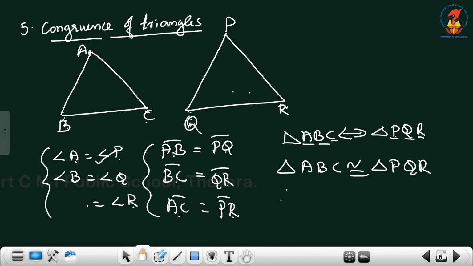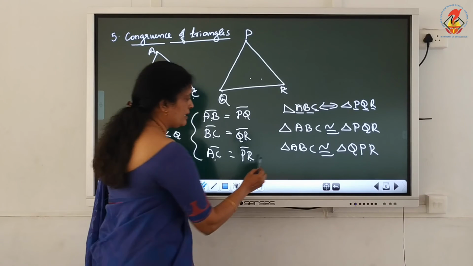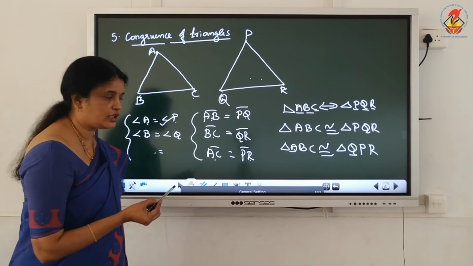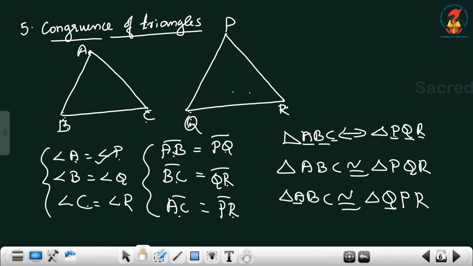But if the question says triangle ABC is congruent to triangle QPR, how can you check it? Here angle A corresponds to angle Q. Is angle A equal to angle Q? No, angle A equals angle P. Is angle B equal to angle P? No, angle B equals angle Q. So this symbolic form is not correct.